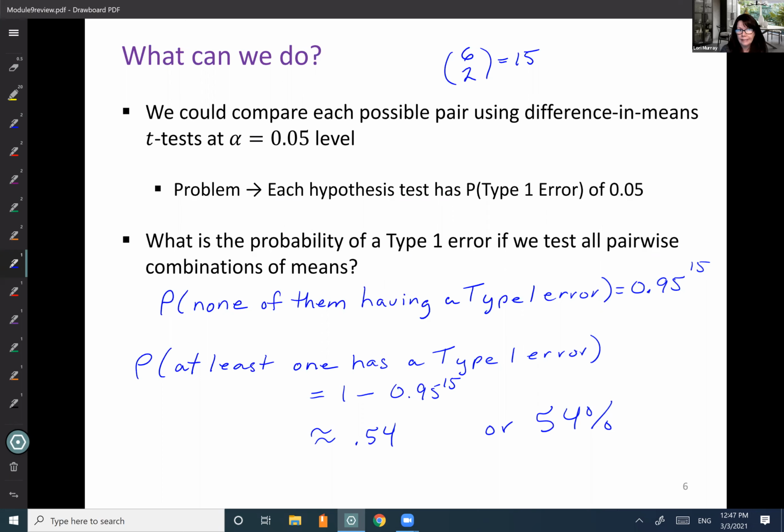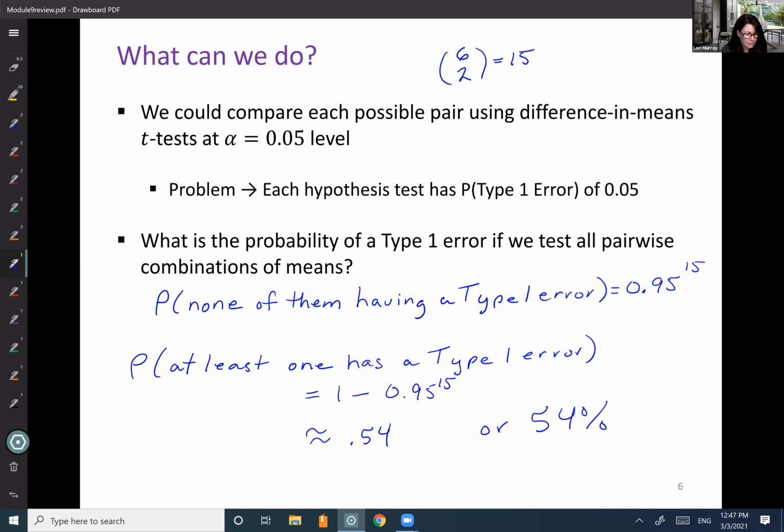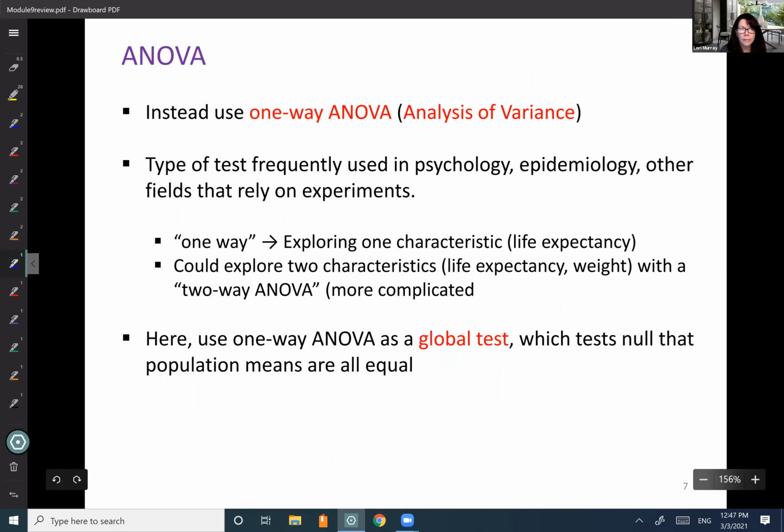So what we can do instead is run a global test, an ANOVA. We can use a one-way ANOVA. It stands for analysis of variance. This type of test is frequently used in psychology, epidemiology, and other fields that rely on experiments. We call it one-way because we are exploring one characteristic, that is life expectancy.